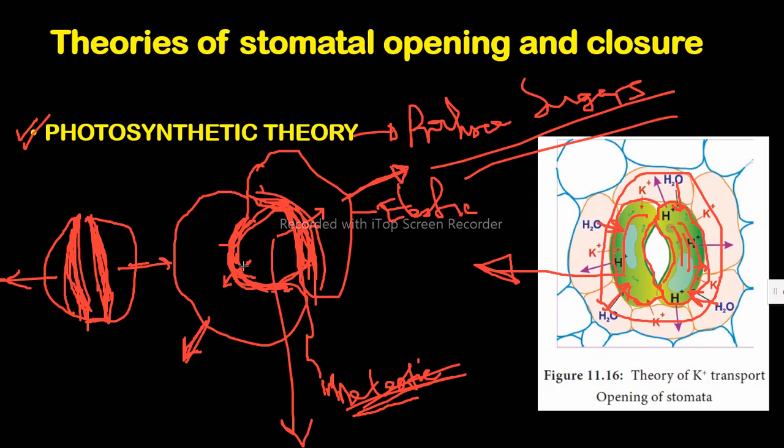But now at night, where you have no photosynthesis, the sugars will be used. And if the sugars are used, then what does that mean? The solute potential in these guard cells is going to be high, and the water potential is going to be low, so water is going to move out by osmosis.